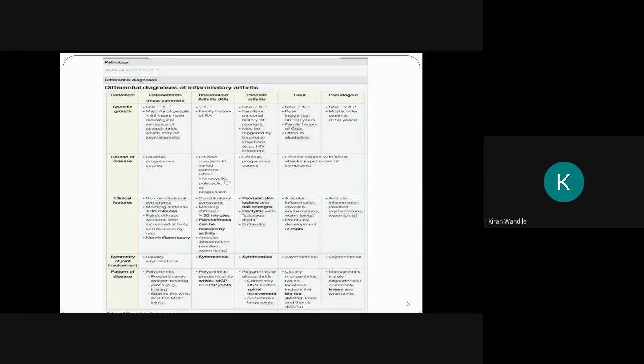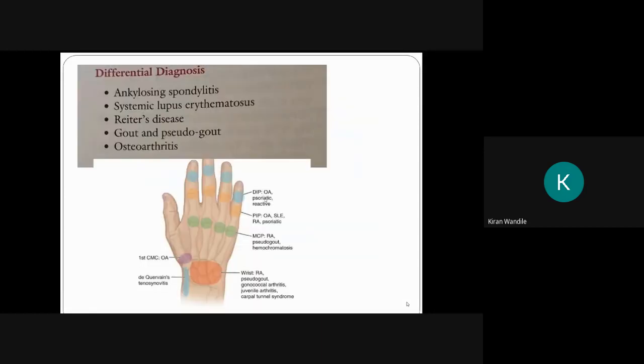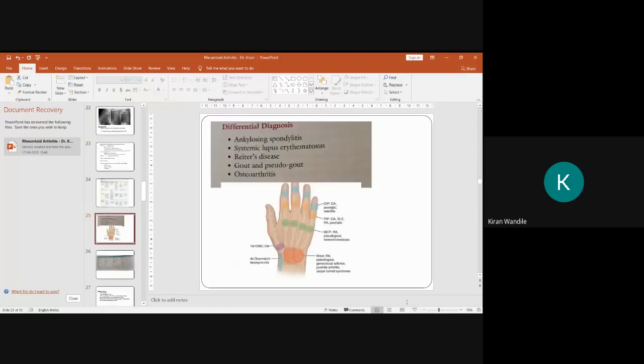In gout, which crystals are seen? Urate crystals, sodium biurate crystals. So which joint is commonly involved in gout?